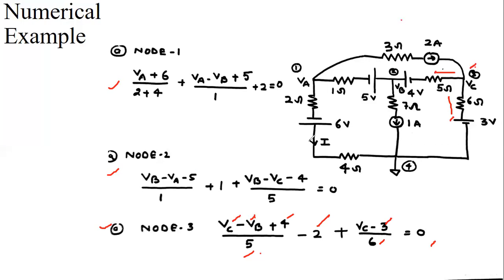The question is saying find the value of I. So this I value becomes equal to VA minus 0, plus 6, divided by 2 plus 4. So just calculate the values of VA, VB and VC, and you can find the current in any branch.